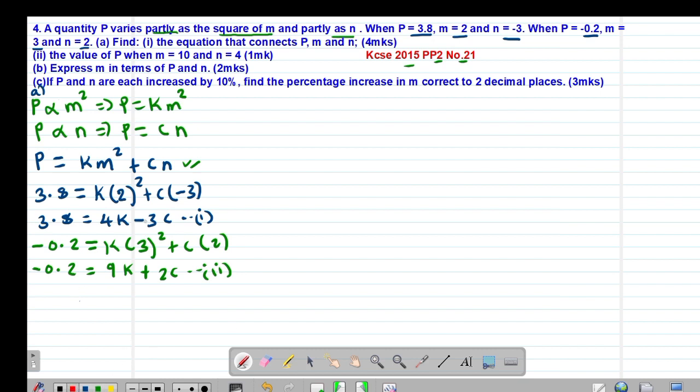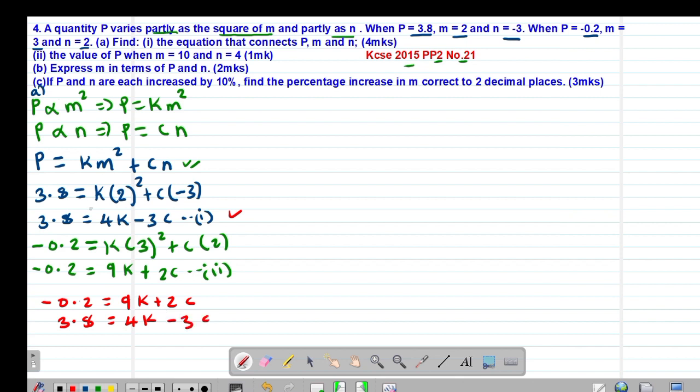So to achieve that, I'm going to arrange the two equations. So the second equation was negative 0.2 is equals to 9K, then of course plus 2C. The first equation is positive 3.8 is equals to 4K, then of course minus 3C.